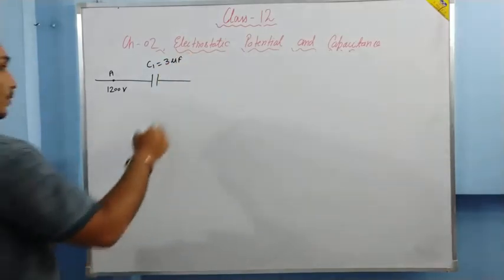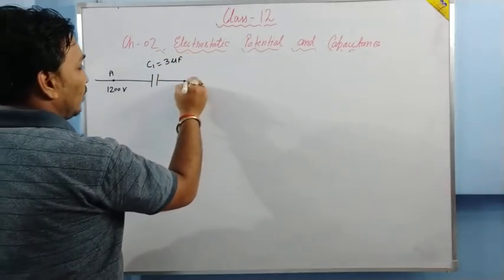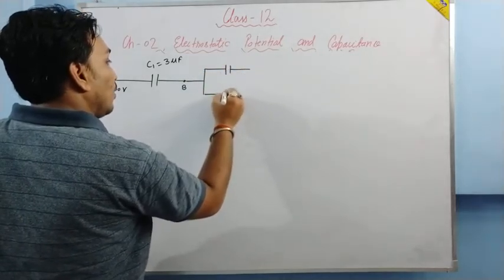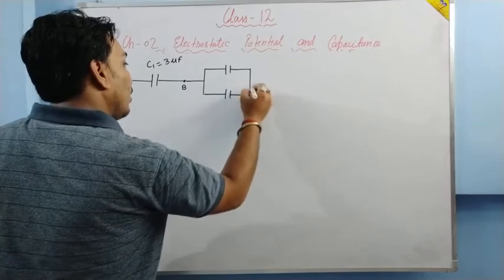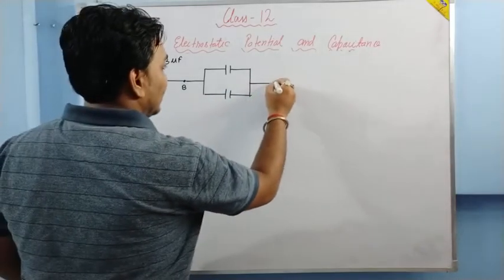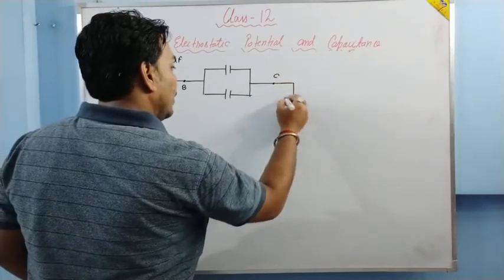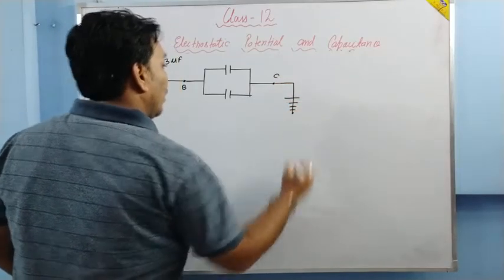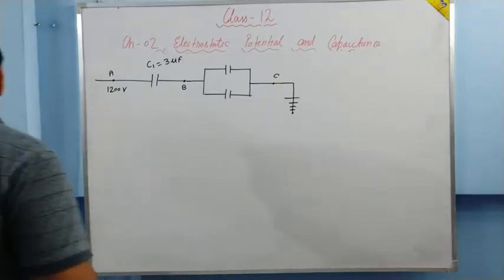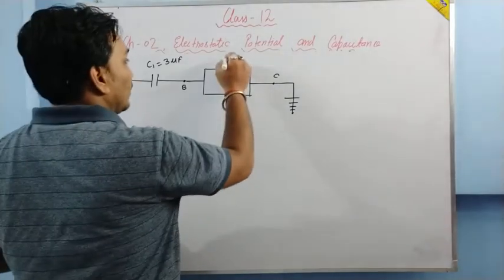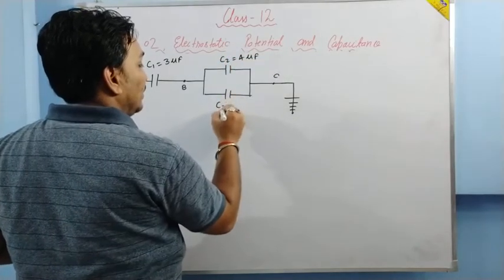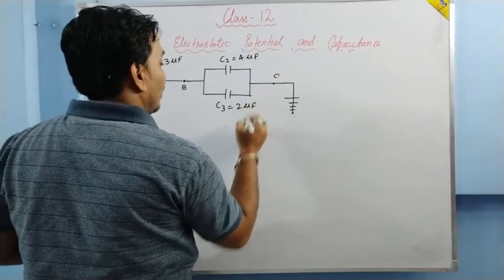Then there is a point B, then two capacitors are there, and then there is a point C, and this is earth. These two capacitors are C2 and C3. C2 is 4 microfarad and C3 is 2 microfarad.